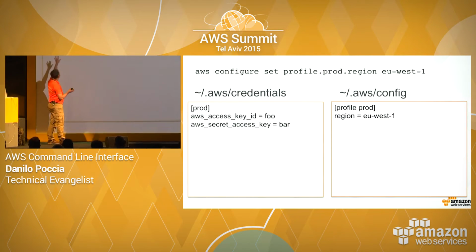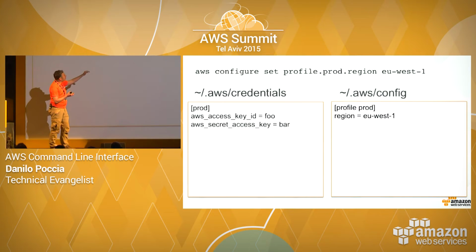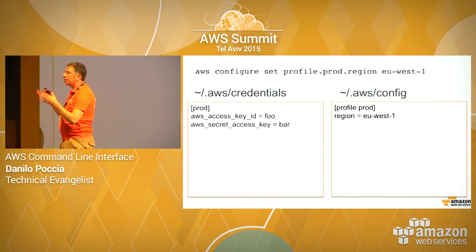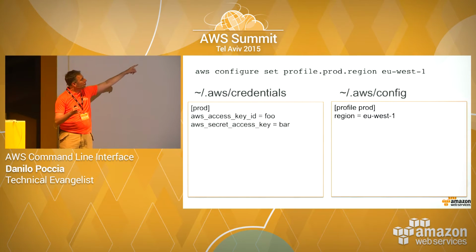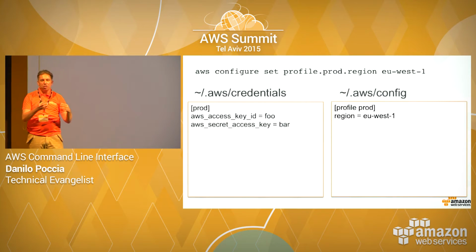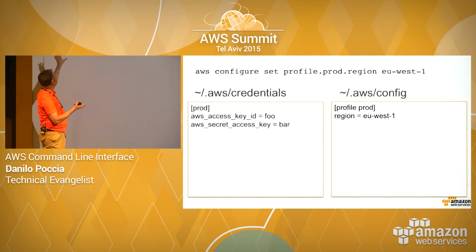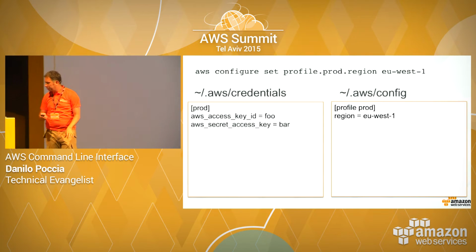So here you only have prod, because I call it prod, and then here profile prod. The reason for that is that in the config file you may have more things than just profiles, so we have to specify that, while in the credentials file you only have profiles.